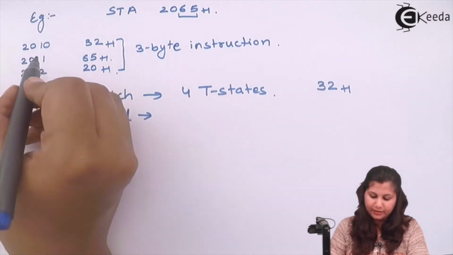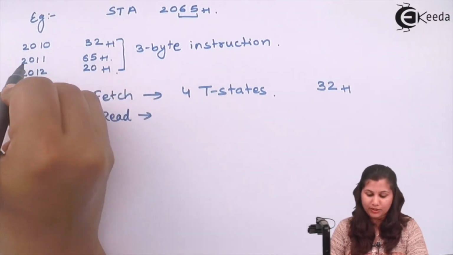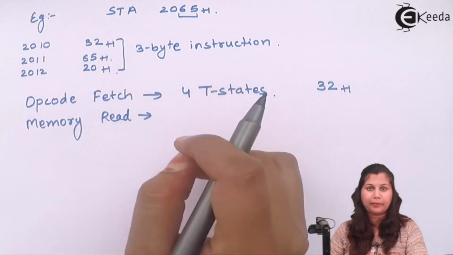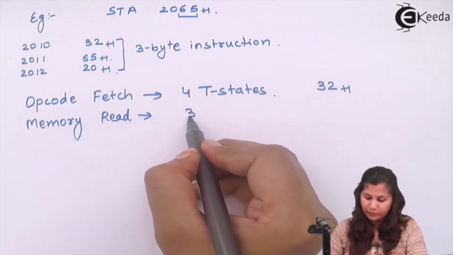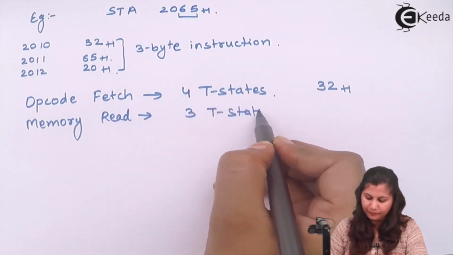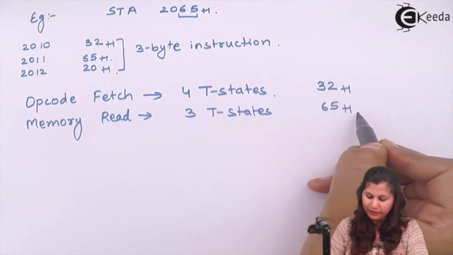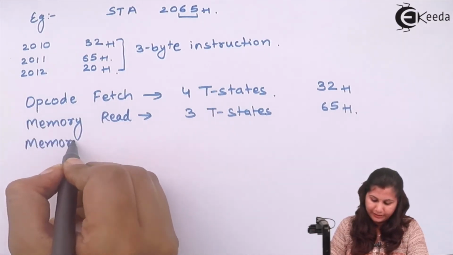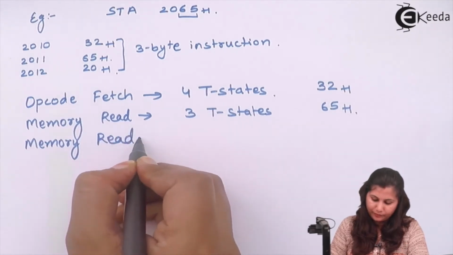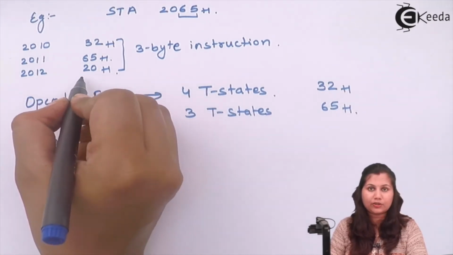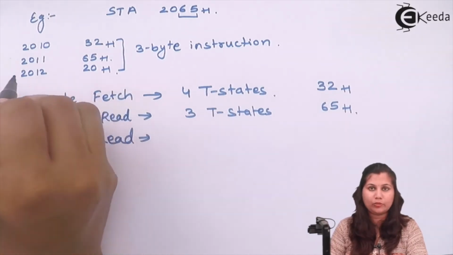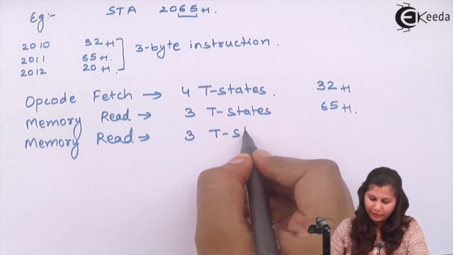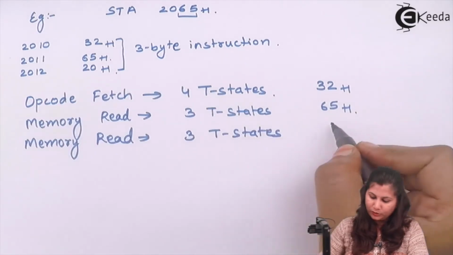In this machine cycle, the address 65, which is stored at location 2011, will be read by the microprocessor. So it requires 3 T states, and this 65H will be read by the microprocessor. Then the third machine cycle will again be memory read, because this higher order address 20H, which is stored at memory location 2012, will be read by the microprocessor. So again it will require 3 T states for this 20H.